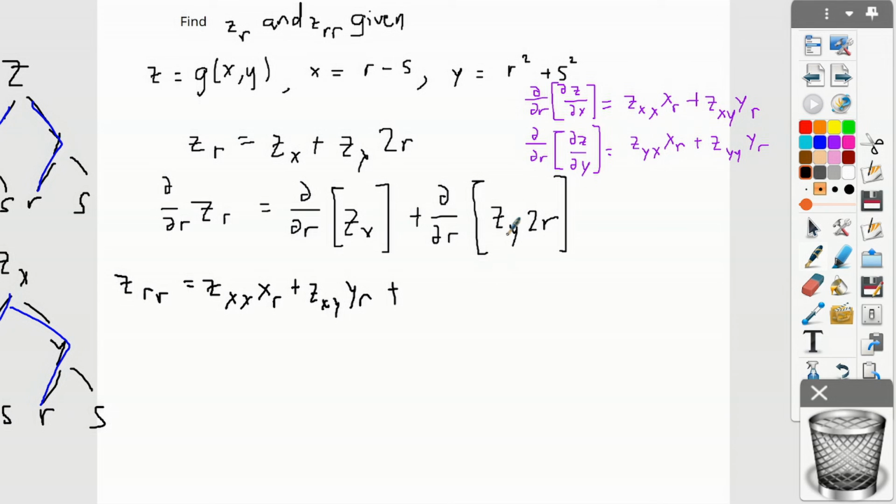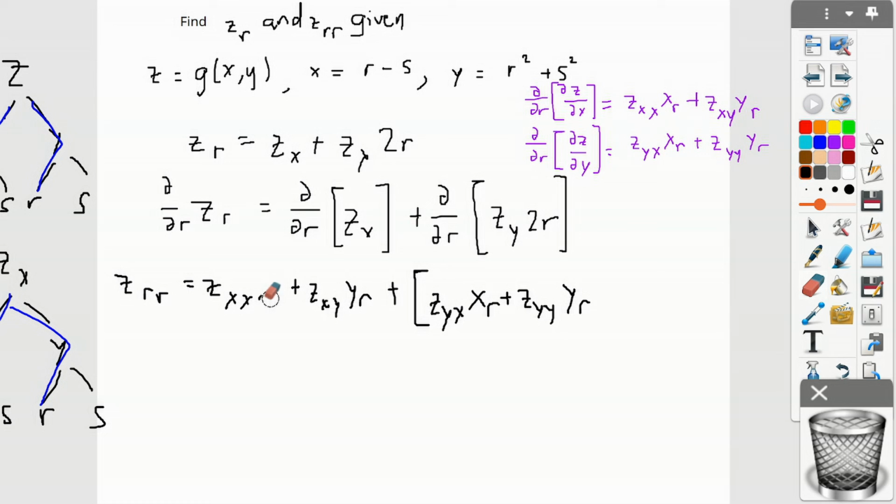So z sub y can be a function of r and s, right? 2r is definitely a function of r and s. Take a derivative with respect to r, what do you get? So you get the derivative of the first, z sub y sub x, x sub r, plus z sub y, y sub r.